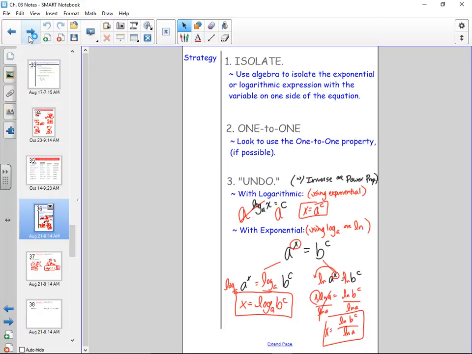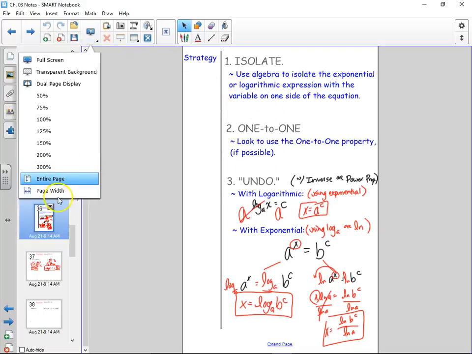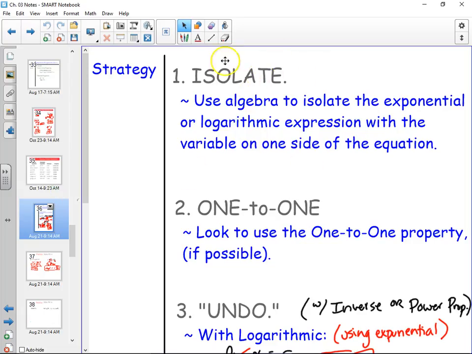But then it was like, hey, even though we are still supposed to use those old properties, things might get a little harder. You might have some extra stuff that you have to move away from the exponential or the logarithmic piece in order to be able to solve. So step number 1, remember, get the exponential or logarithmic alone, if possible, on one side. Okay?